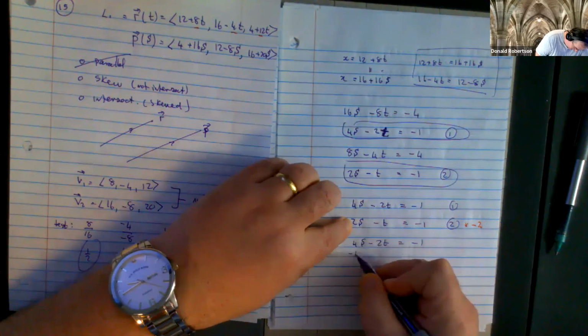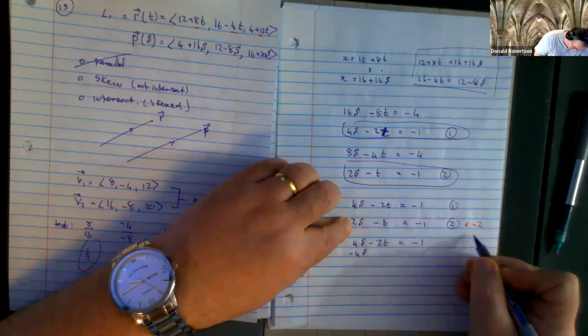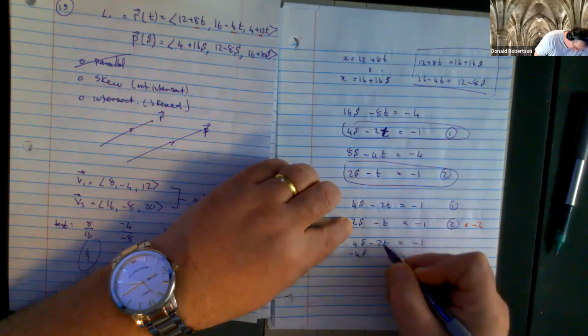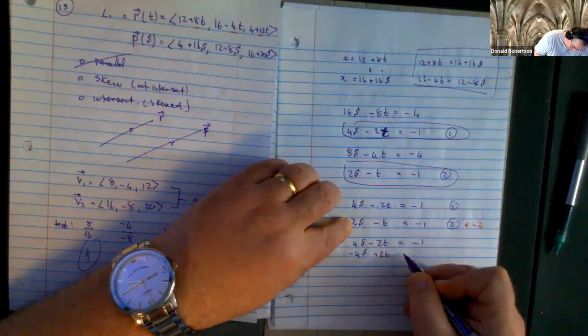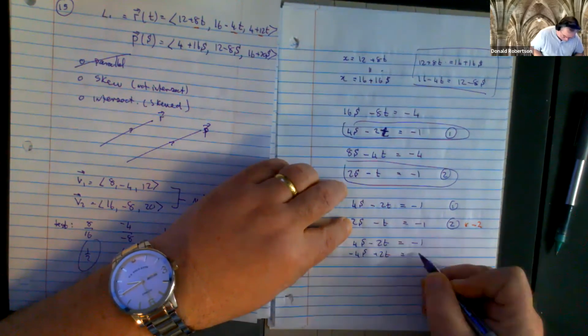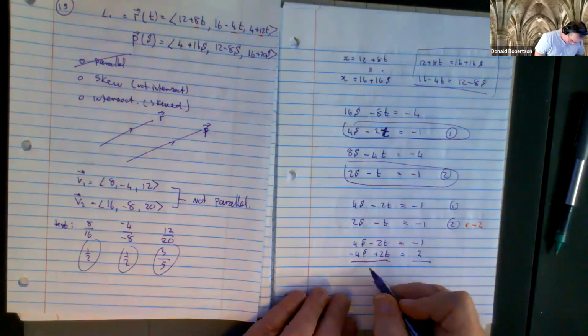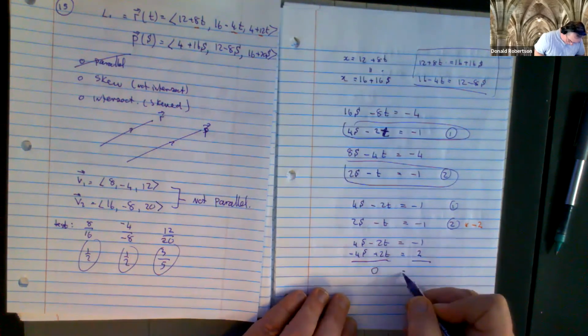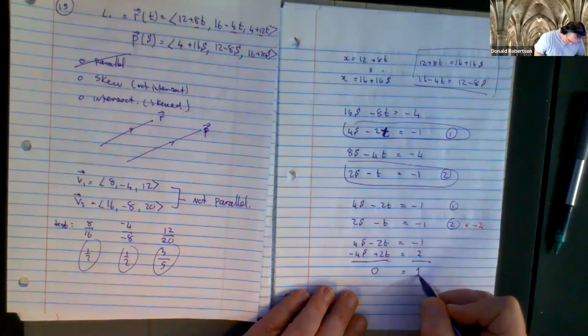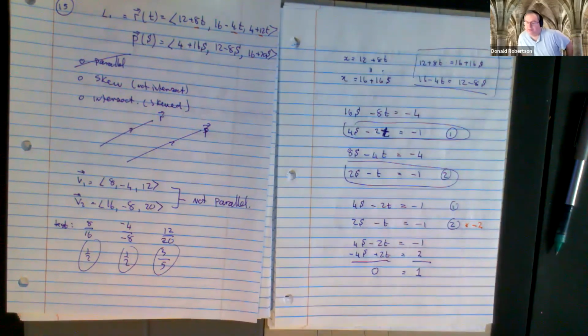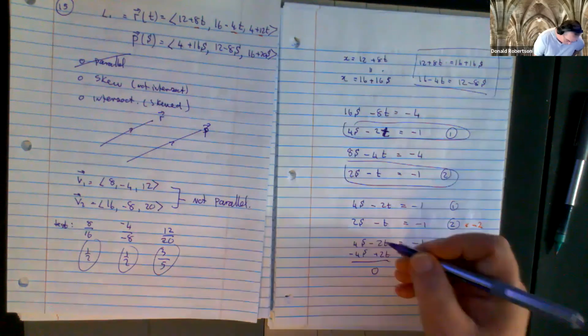And I'm going to get -4s plus 2t equals 2. And I'm going to add these together. And I get 0 equals 1. All the s's kill each other off. All the t's killed each other off.